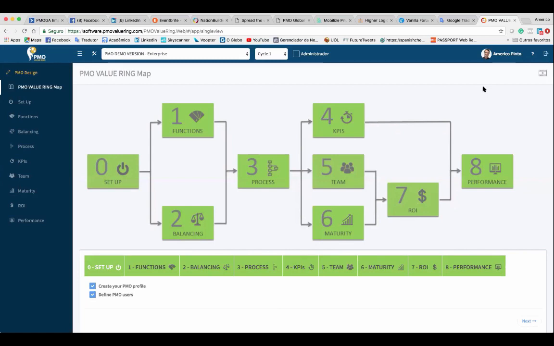But what is really important to understand is different functions will require different competencies, right? So that's the point. And if you don't have the competence needed, it's a problem, it's a risk. You have to manage it. You have to deal with that, okay? So now we are ready to start with step number 6, okay?